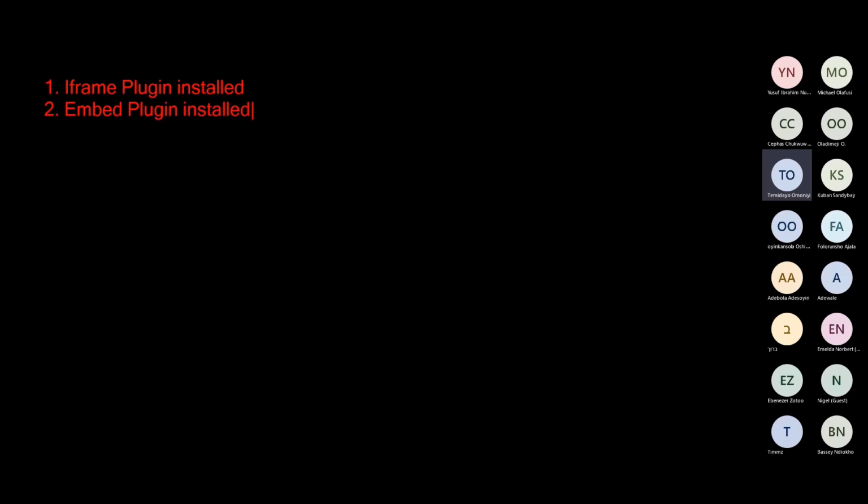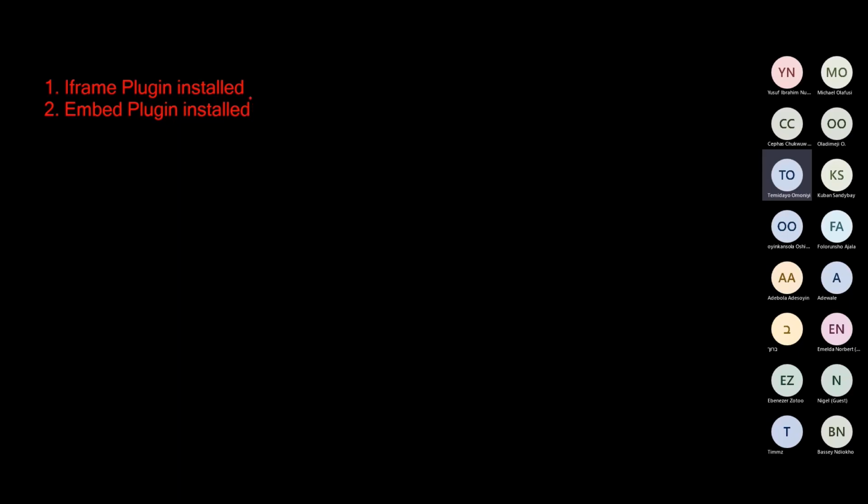These are the two things you need for a website. If I have a Power BI report and I want to embed it inside a website, I need these two plugins, iframe and embed, because I will need that embed plugin to help me install it. I've already installed the plugins which I need, because I'm actually the admin of this website, so I can easily install it.